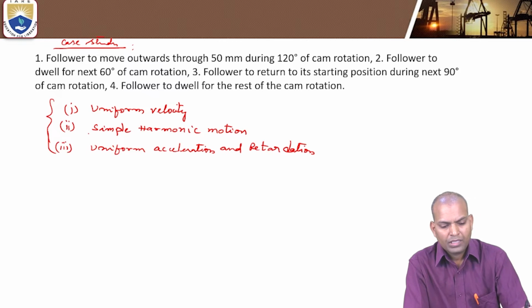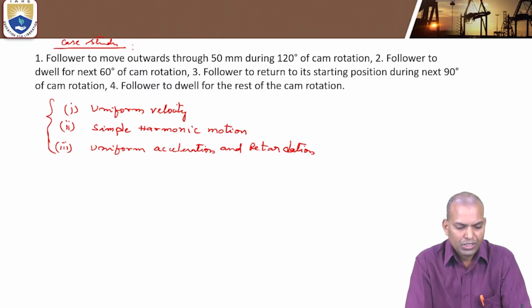Now here, considering the same data, I use the same data and draw the displacement diagrams when the follower is having the uniform velocity, then the second motion, that is SHM, and the third one is acceleration and retardation.